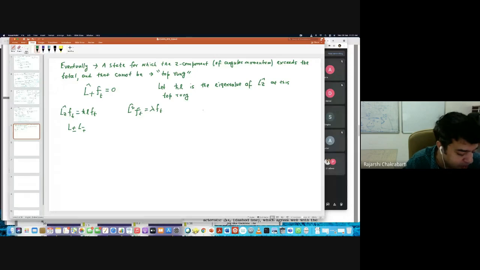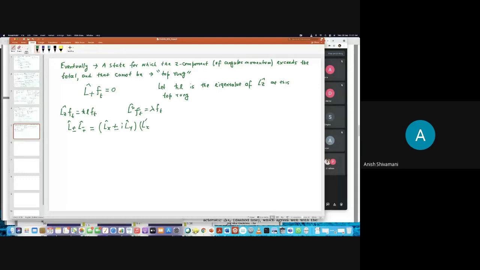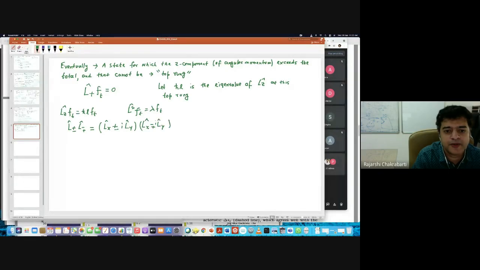So let us do this. L plus minus into L minus plus. You understand what I have written here? What is that? It is Lx plus minus iLy into what? Can anyone tell me? Lx minus plus iLy. Okay, this is how it is. Can you expand this? Tell me what are the terms I am going to get. I am going to get Lx square for sure.